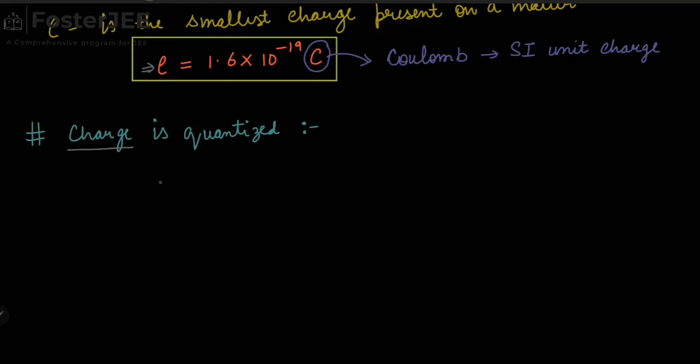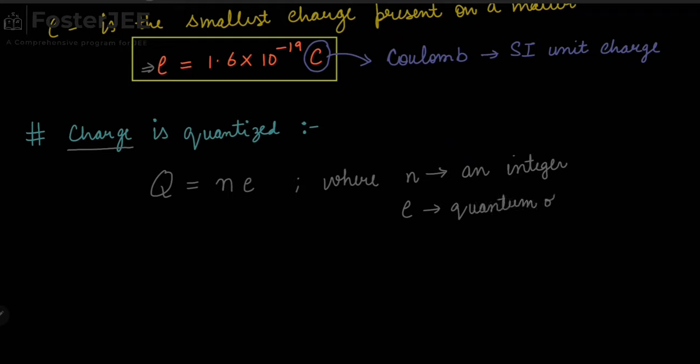Or we can say the total charge Q will be equal to n times e, where n is an integer and e is the quantum of charge, which in other words is the smallest charge present on a matter.